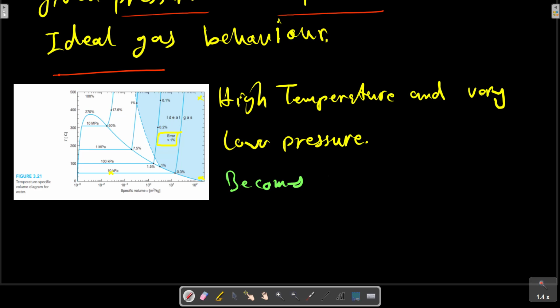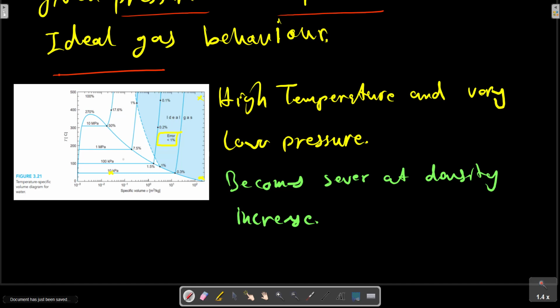In these areas, low specific volume and high density, the error becomes higher.